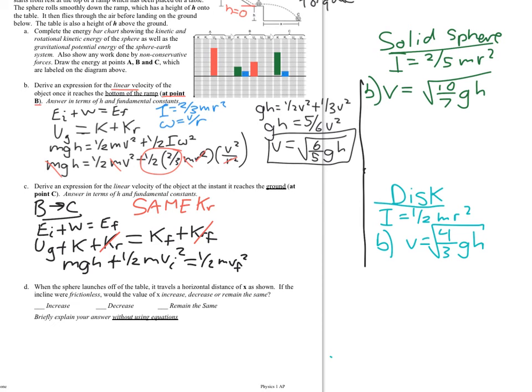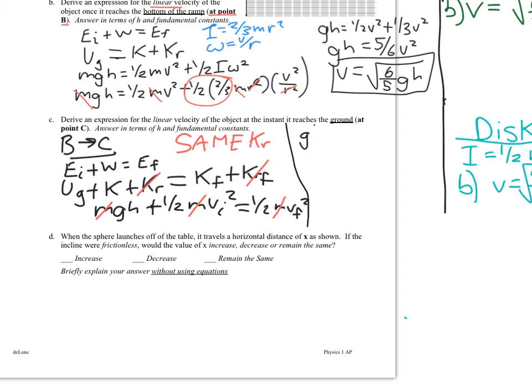I do see once again that my m's will divide out, and I can sub in initial velocity, which will be the velocity I got here at point B. So what I end up with here is gh plus 1/2 times the square root of 6/5 gh, that quantity squared, equals 1/2 v squared, where v is that velocity we're looking for.